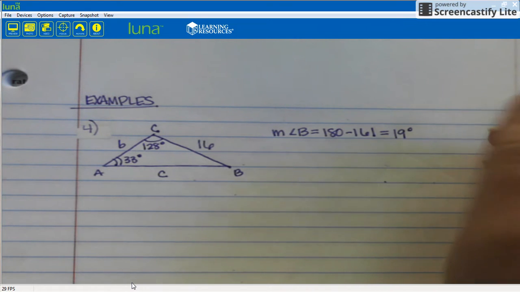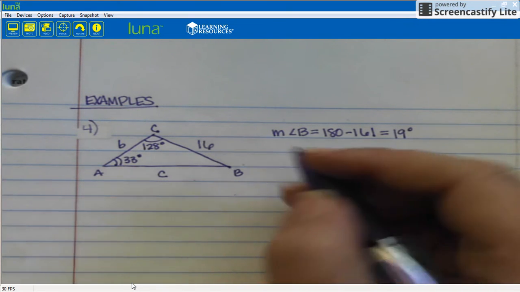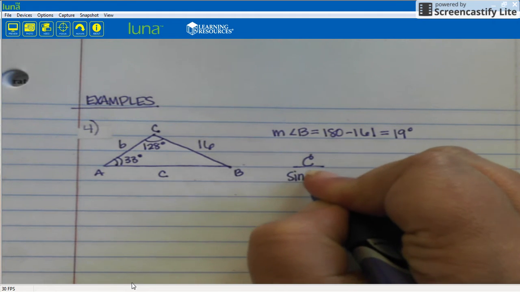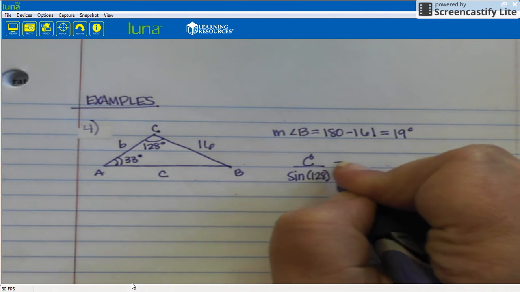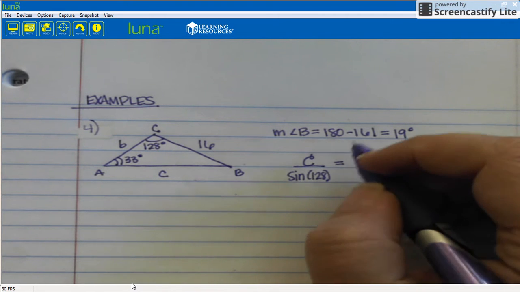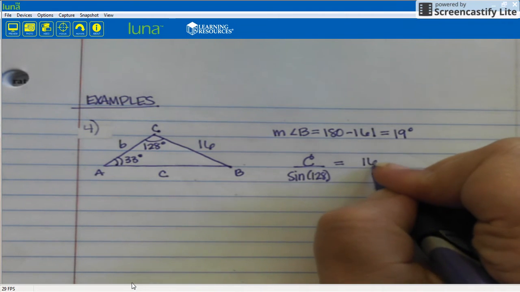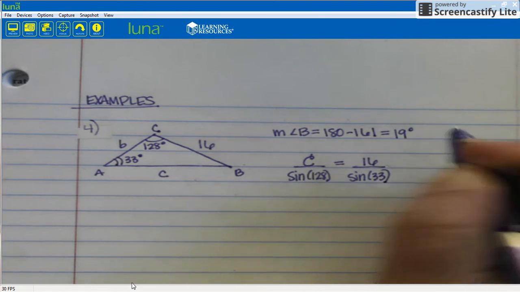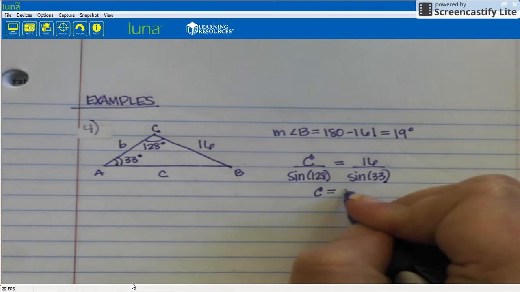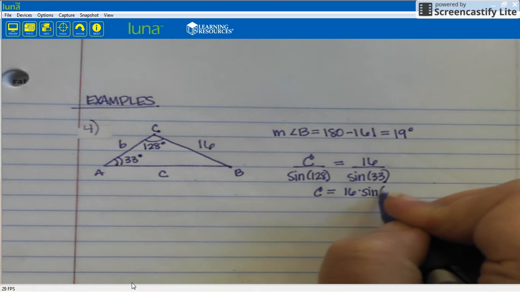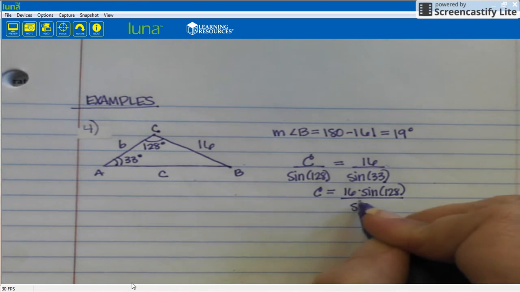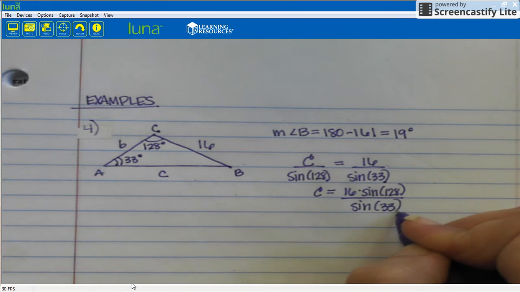So to solve for little c, I have little c over the sine of 128 is equal to 16 over the sine of 33. So little c is going to be equal to 16 times the sine of 128 divided by the sine of 33.